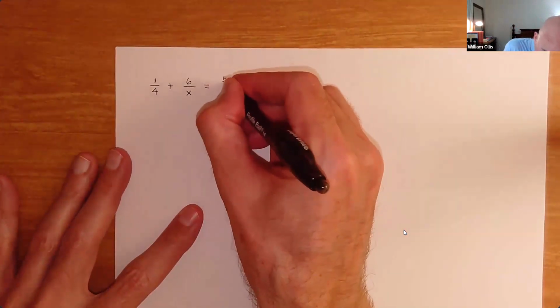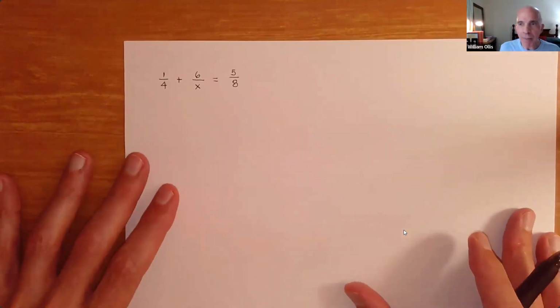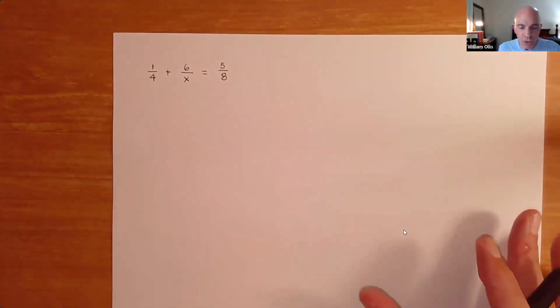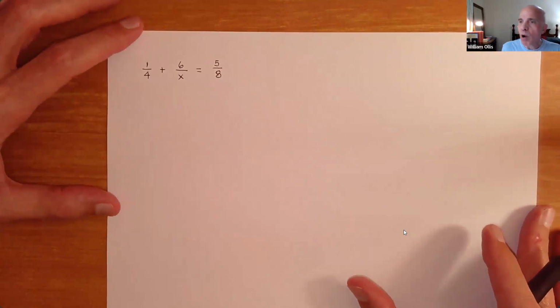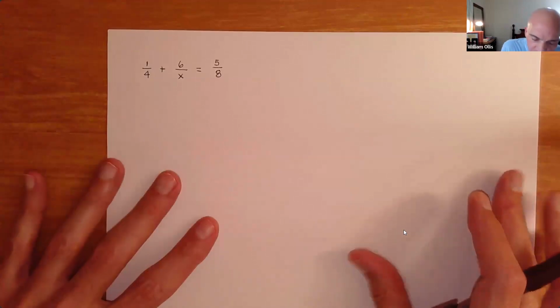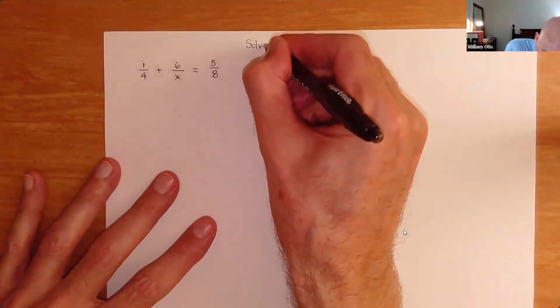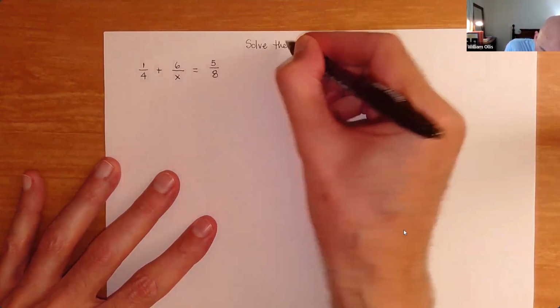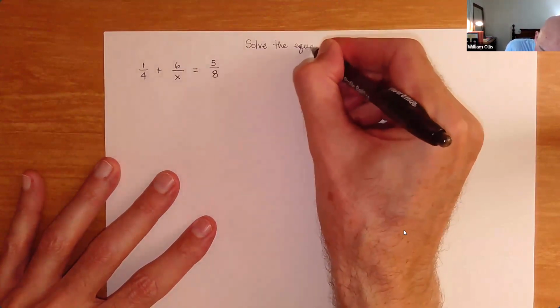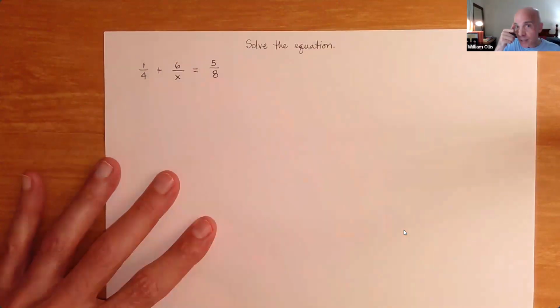Now, many times when you're working a math problem, the first thing you want to do is to know what is the question being asked. So when we look at these, what we're saying is solve the equation. Now, when we solve the equation, especially with linear, we're basically trying to isolate the x.